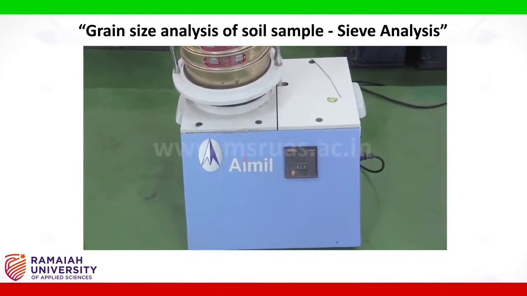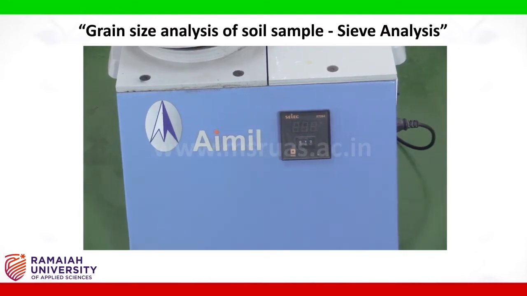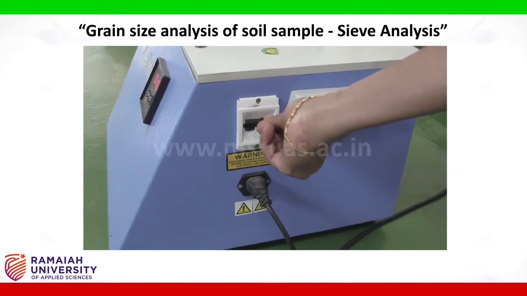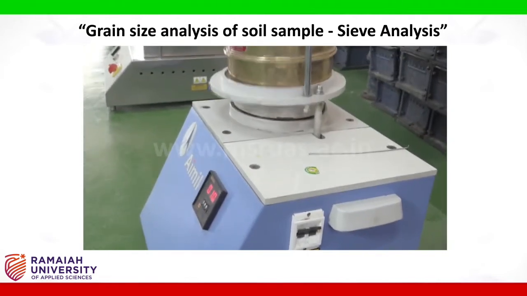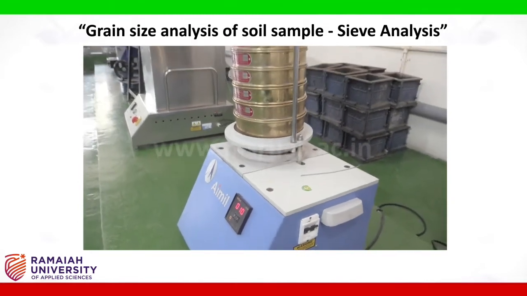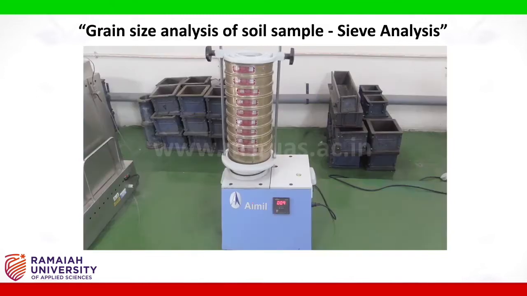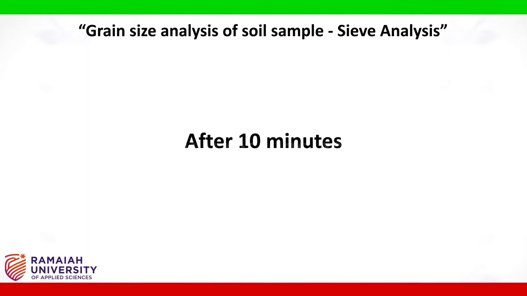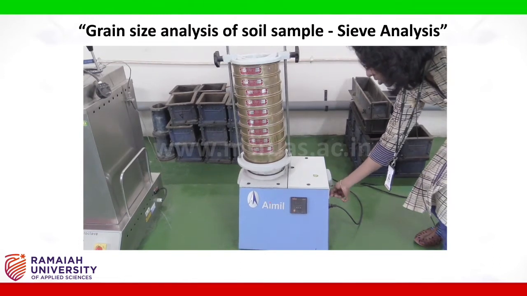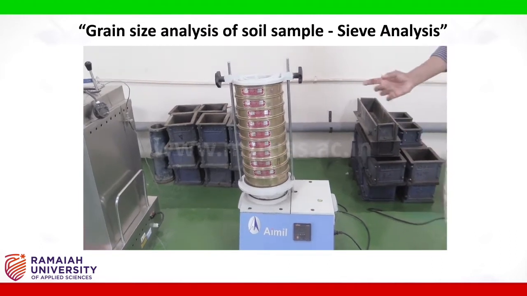This indicates that the shaking is going to happen for 10 minutes. Now, after setting the time, switch on the motor. Once 10 minutes is over, just switch off the machine and release the screws.